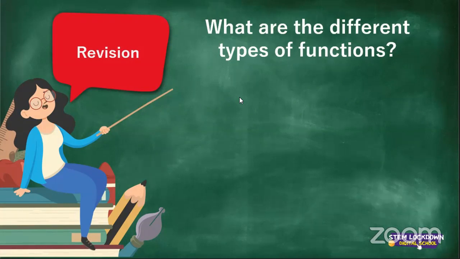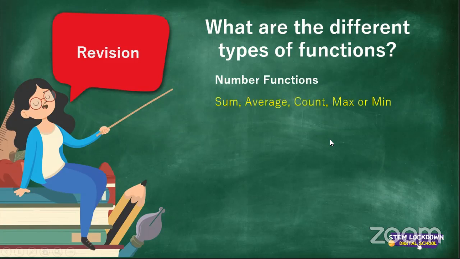For example, we've got number functions, such as SUM, AVERAGE, COUNT, MAX, or MEAN. These functions only work on numbers. If you try to apply them on something that is not a number, it's going to give you an error message. You also need to be aware of the different error messages that you get from Excel when you make a mistake.